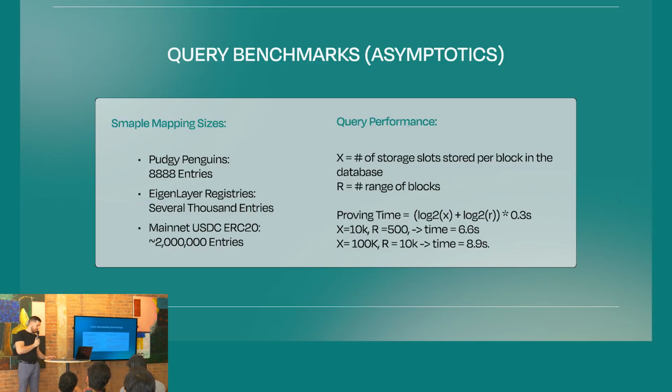On query performance, the asymptotics for about 1 million storage slots of computation are about 9 seconds. In our current implementation, we're bottlenecked by latency and messaging complexity, so it's about a minute for about 1 million storage slots. But as we throw more parallelization at this, it'll go faster.